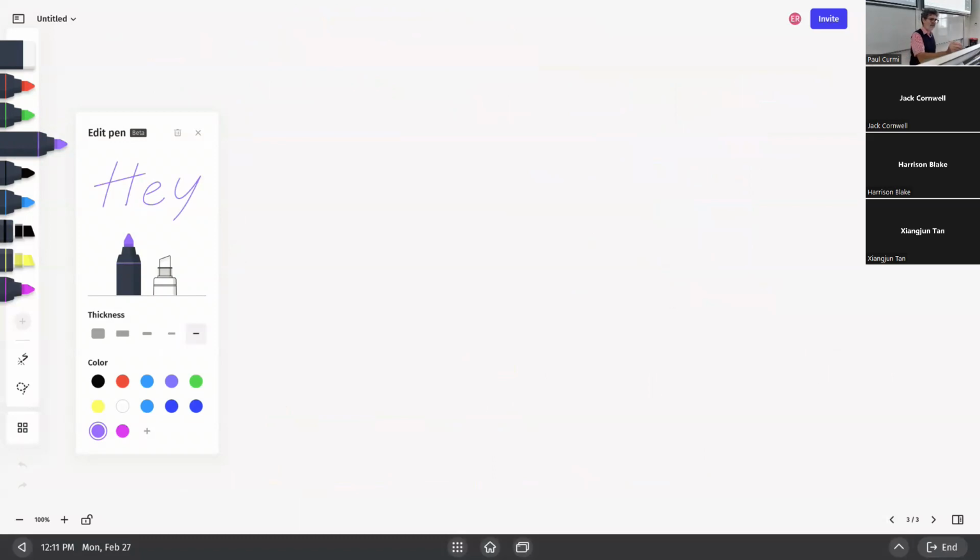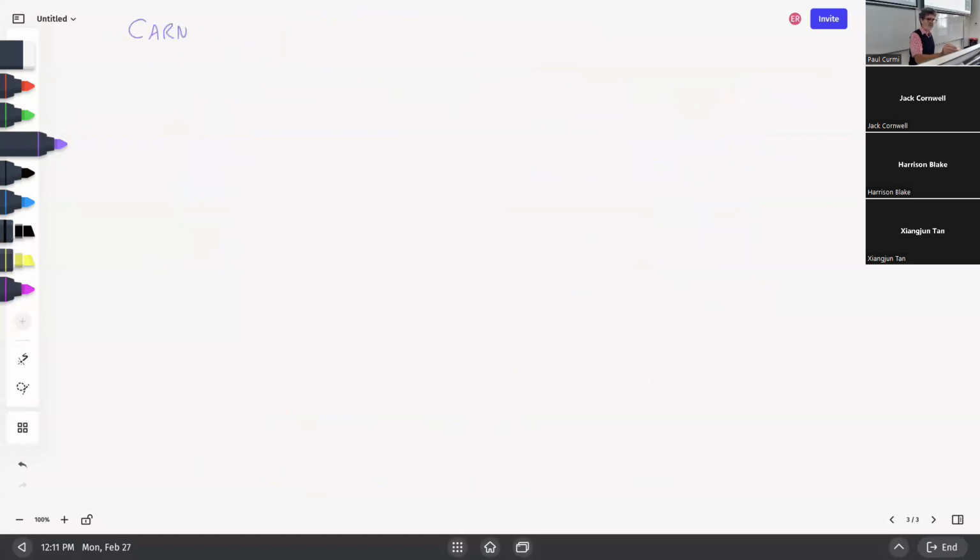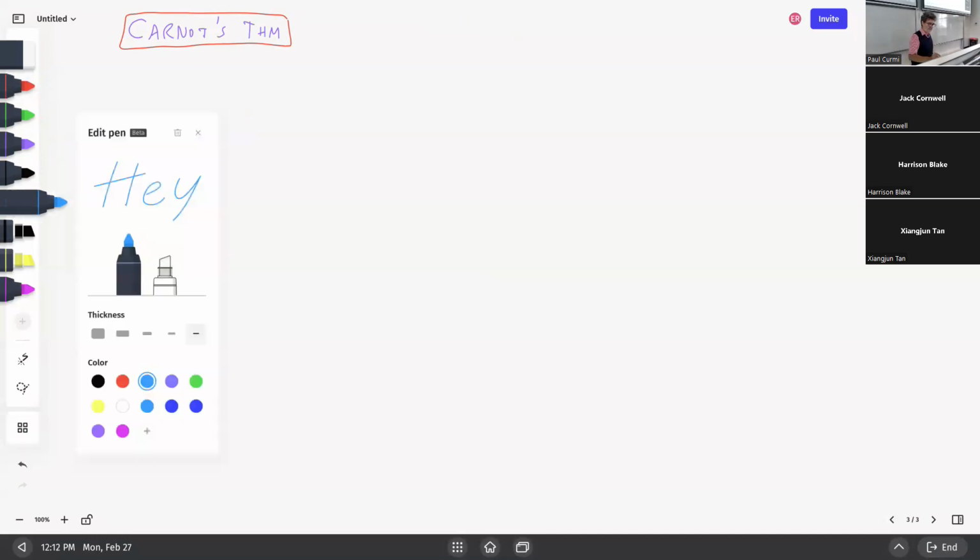Okay, so now we have Carnot's theorem. Carnot's theorem, in a sense, is where we start thinking about the second law.